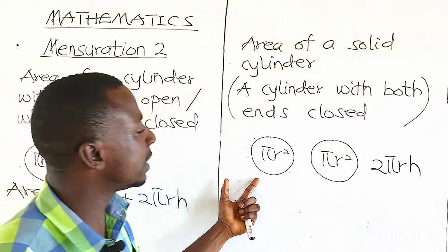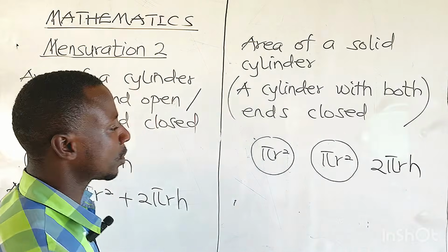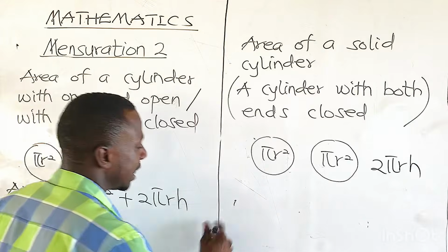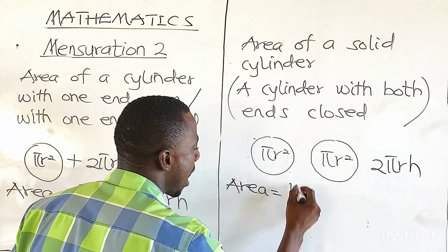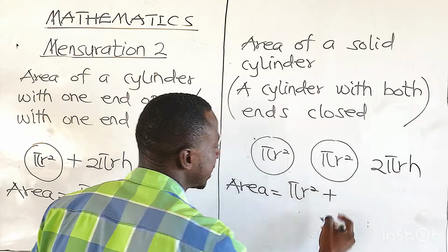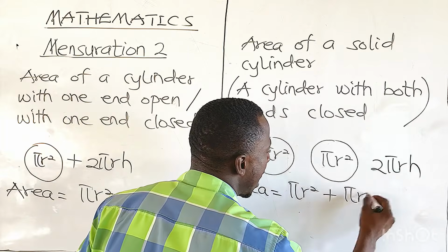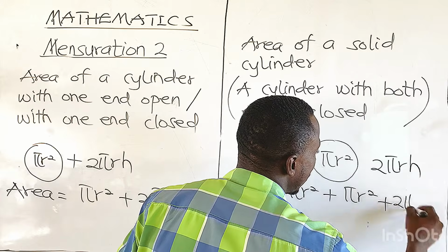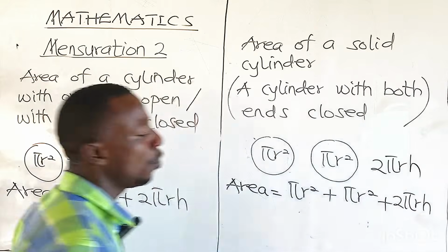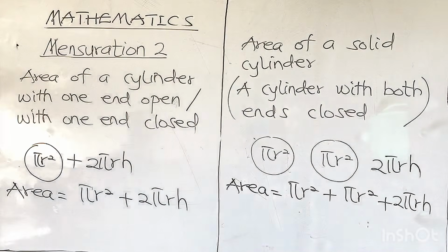So if I want the area of this solid cylinder, then I am going to get pi r squared plus another pi r squared plus the curved surface area, which is 2 pi r h.